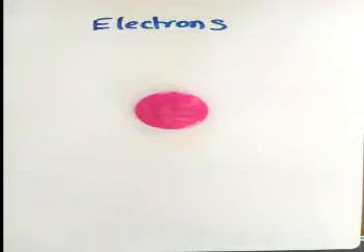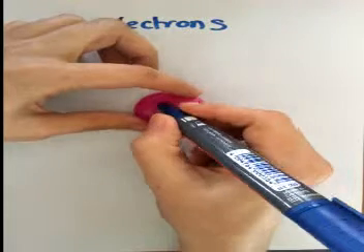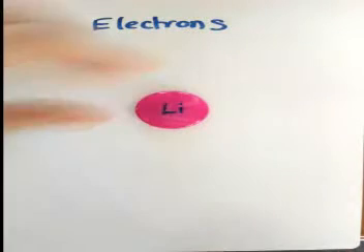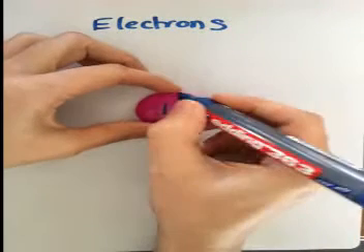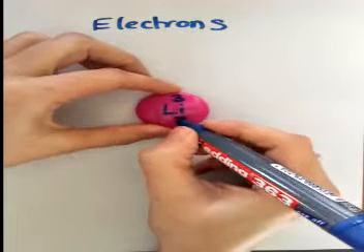Okay, so we'll start with a nice easy element. We'll start with lithium. Now with lithium, if we have a look on our periodic table and we look for lithium and see the numbers that we've got for lithium, we have got 3 and 7.